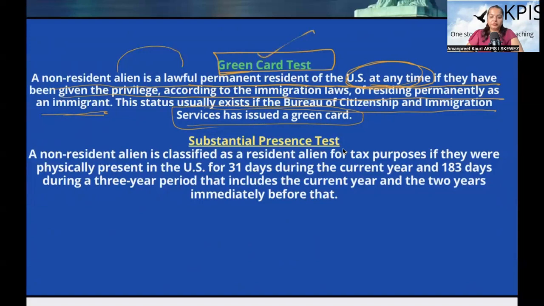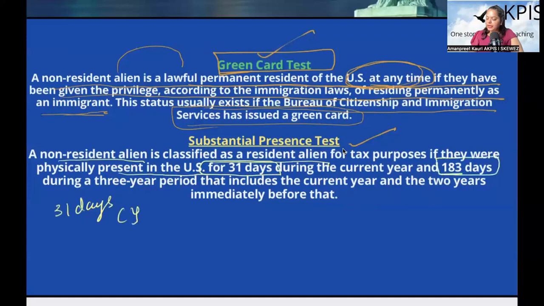In the other situation, which is the second test, the substantial presence test, a person who is as of now a non-resident is classified as a resident alien under which circumstance? Any person who satisfies this condition: who is in the United States of America for 31 days during the current year, right?